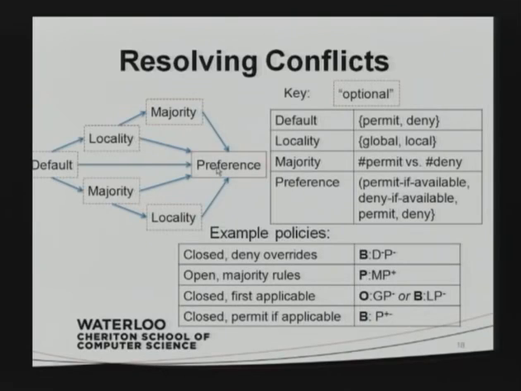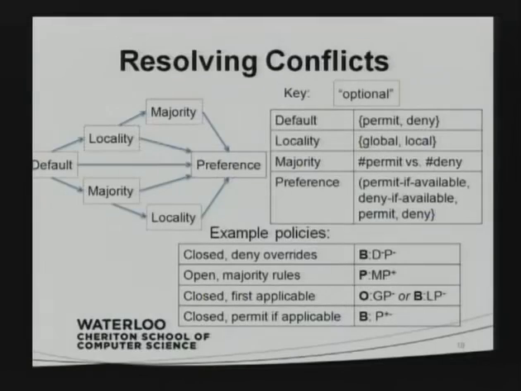And finally, if I have a preference at the end, so if I have not been able to resolve through one of the previous methods, then I can either permit if there's at least one yes, or deny if there's at least one no, or always permit or always deny. The idea of this graph is to indicate all of the different policies that you can have.